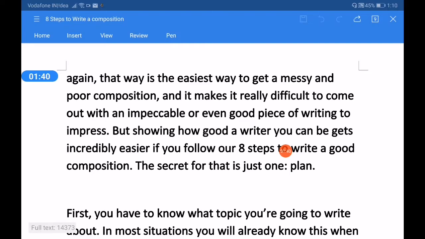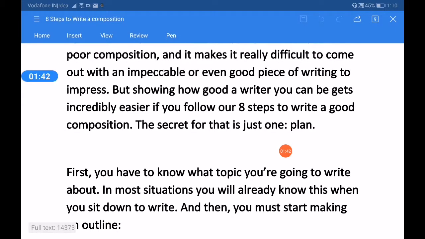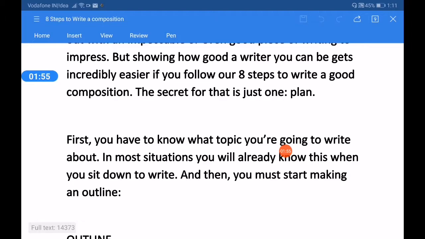And it makes it really difficult to come out with an impeccable or even good piece of writing to impress. But showing how good a writer you can be gets incredibly easier if you follow our 8 steps to write a good composition or essay.